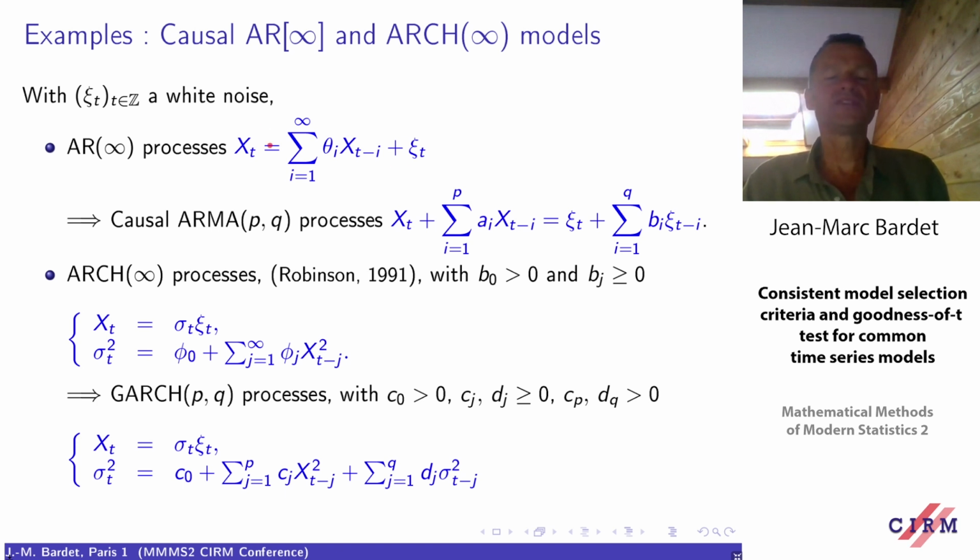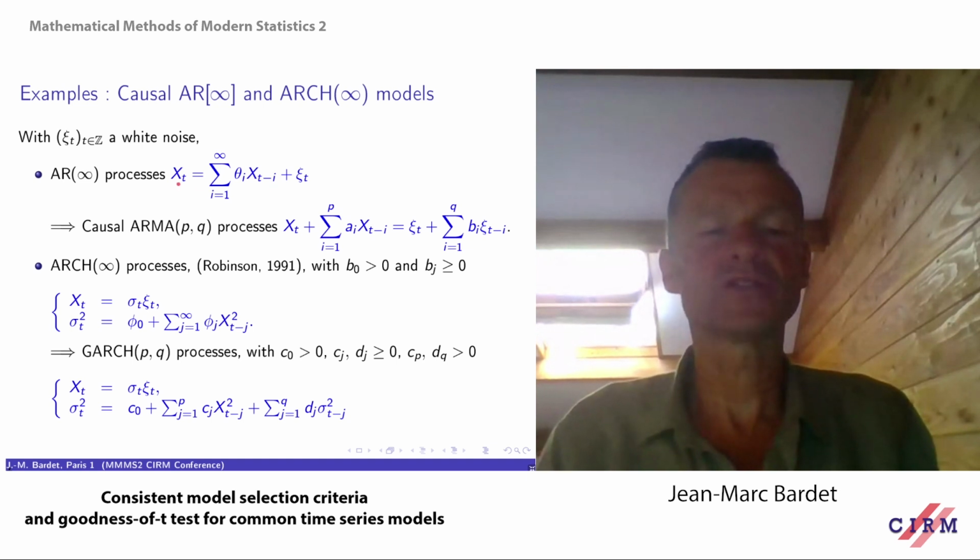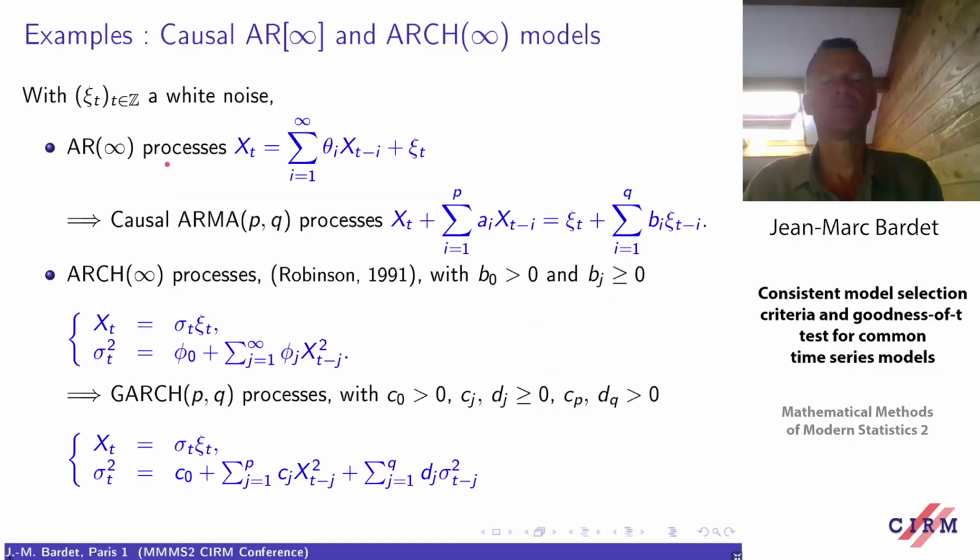In this way, you could recover all the causal ARMA(p,q) processes, but you could also define many other stationary causal processes. So this is the first, more general example of causal autoregressive processes.